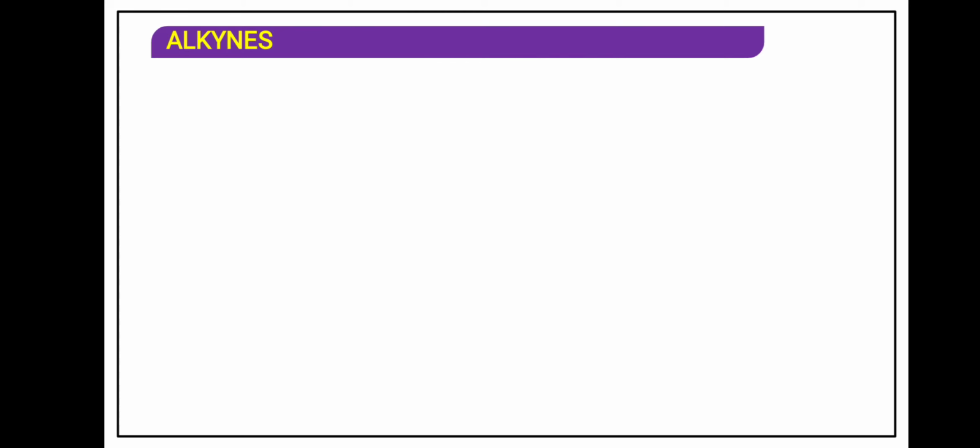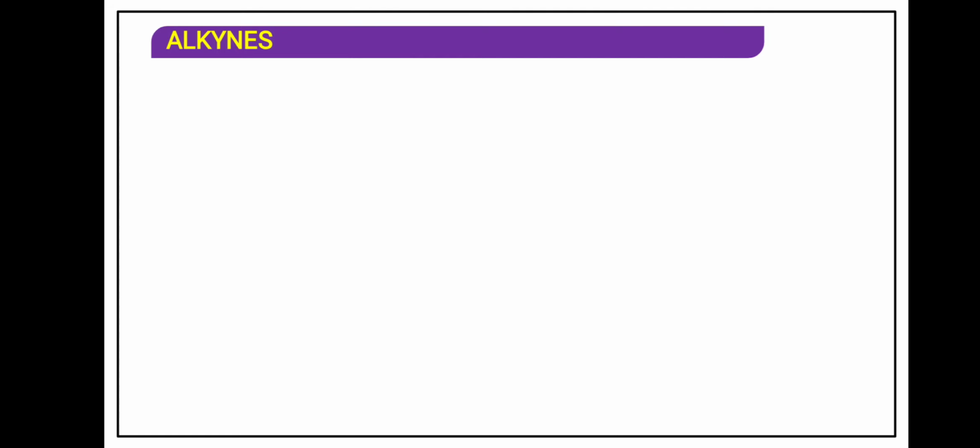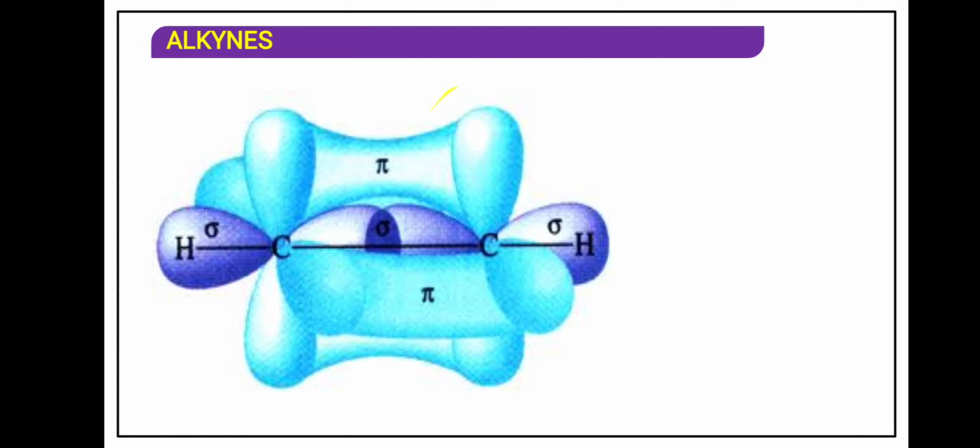After joining, what happened? This combined with the hydrogen one forms a sigma bond. The other carbon also combined with the carbon one forms a sigma bond here, and here another sigma. 3 sigma bonds are there. Two pi bonds are there. See in this way.